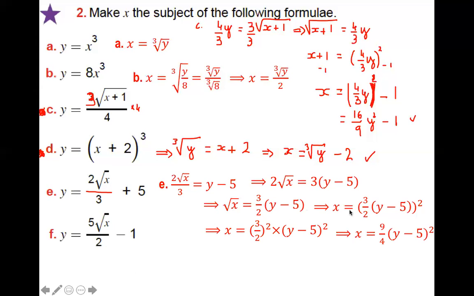So at this point here, what I've done is I've squared the whole thing. Whereas you could have gone straight from here, instead of doing 2 brackets, you could have gone straight to, I'm going to square the 3 over 2, but you need to square as well y minus 5. Right, okay. So squaring 3 over 2 is to square the top and to square the bottom, which gives us 9 over 4. So your simplest form for this one would be 9 over 4 times y minus 5 squared.